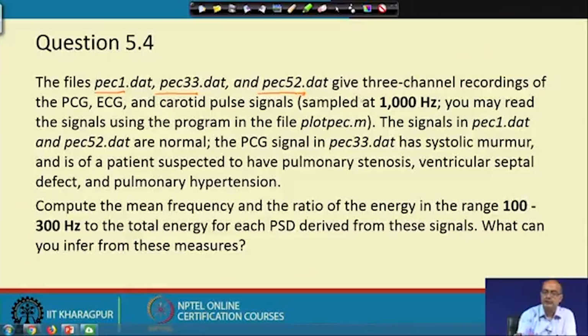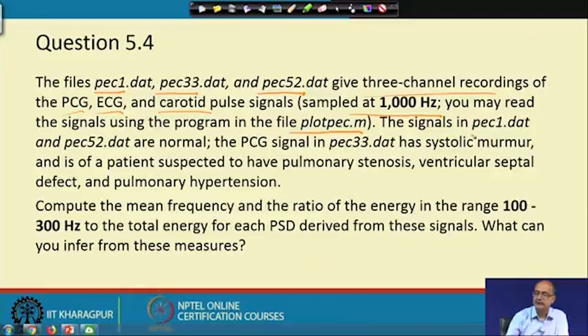Each one of them is a 3 channel recording. The first one is PCG, second is ECG, and third one is carotid pulse signal. All of these signals are sampled at 1 kilohertz, and we are provided the MATLAB file to read it, plotpcg.m.